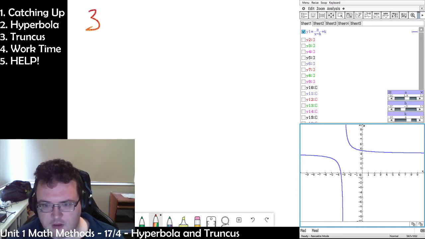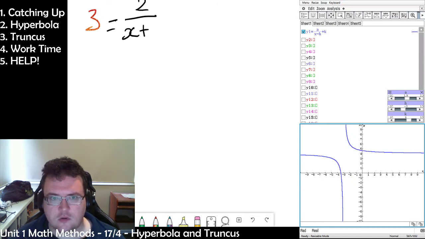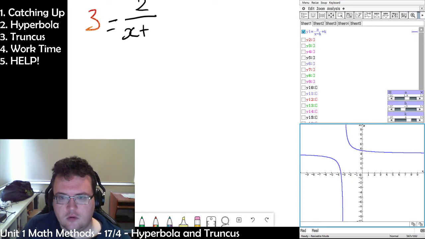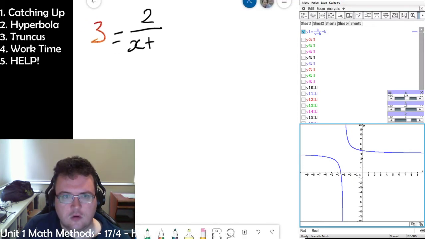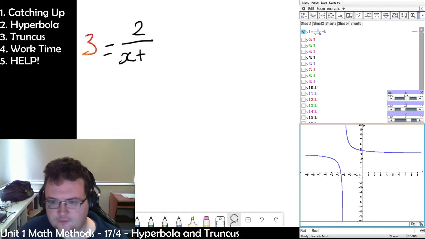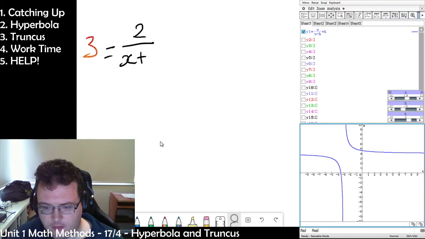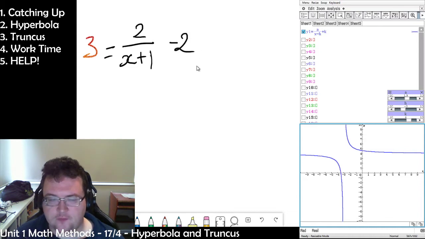3 equals 2 over x plus 1 minus 2. If I wanted to solve that, I would do it the same way I would solve any other equation.